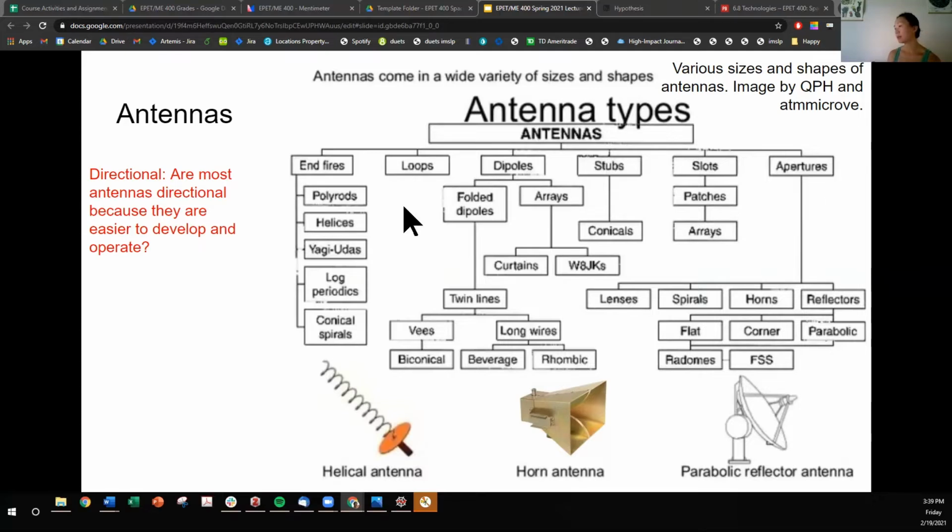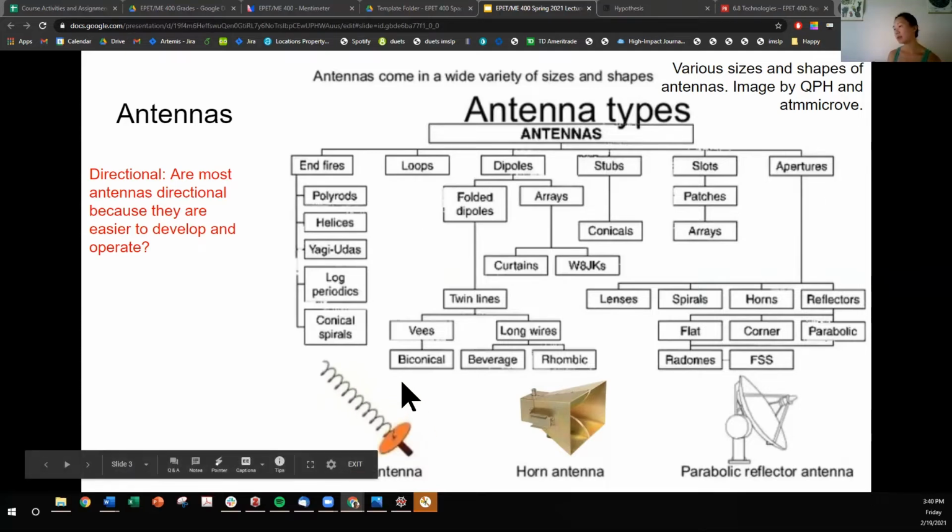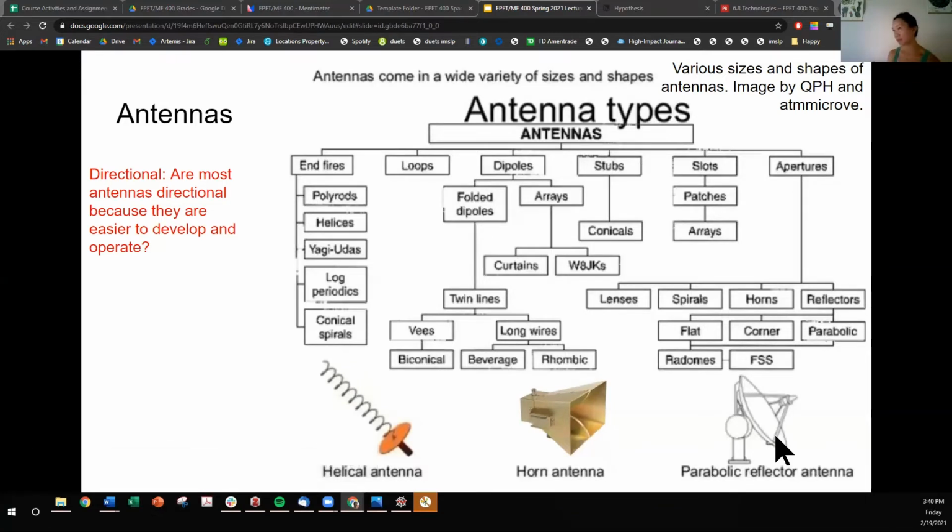And some of the antennas are depicted down here, where a helical antenna, hopefully it's clear why it's called the helical antenna. Horn antenna looks like so. And then these aperture type antennas, this one is a specific type called a parabolic reflector antenna.